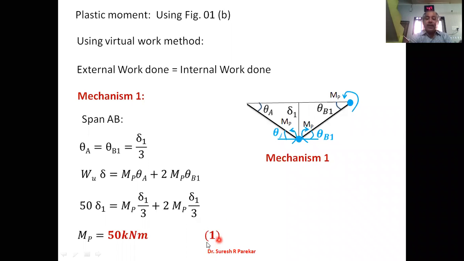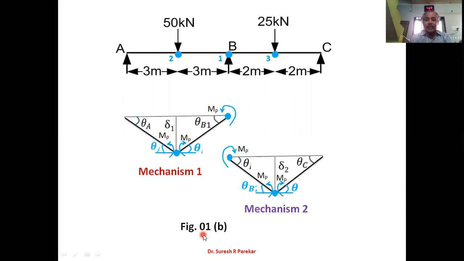So we have numbered this as 1. Now we have mechanism 2, as you can see over here. In the analysis of the second mechanism, we have theta B2, theta B2, theta C, theta C. Then again I have MP theta B2, MP theta B2 and MP theta C. As A and C are simple supports, no plastic hinge will be formed on these supports.